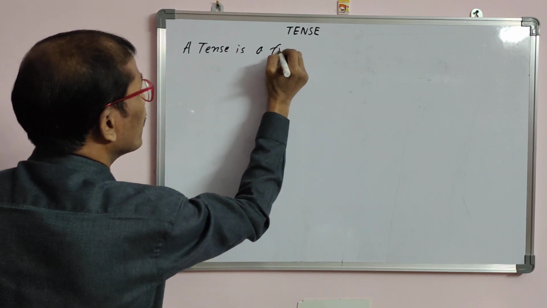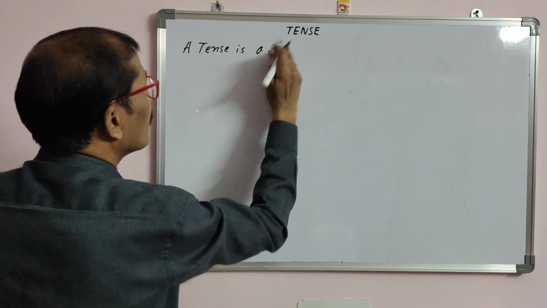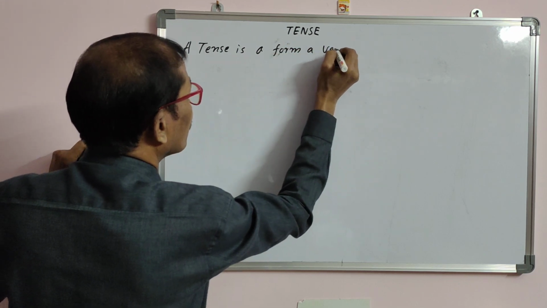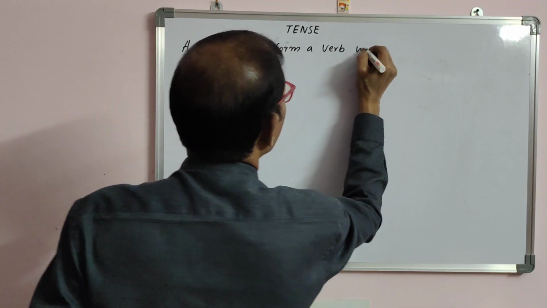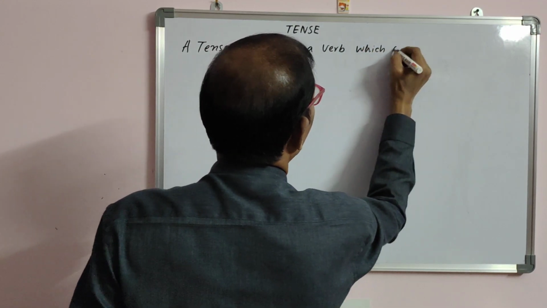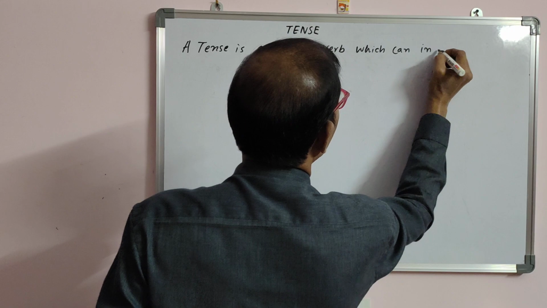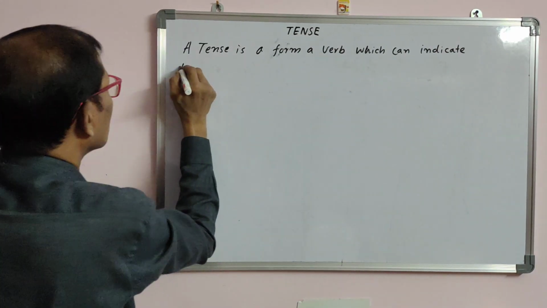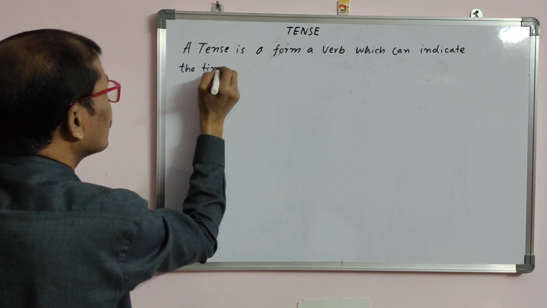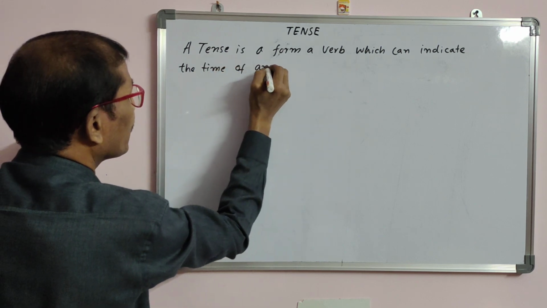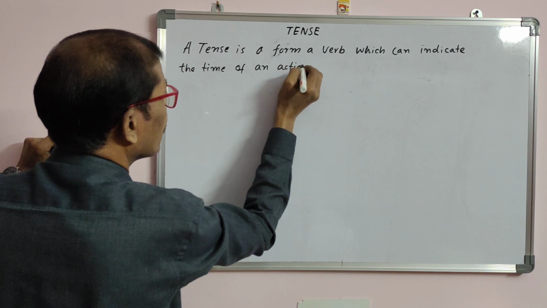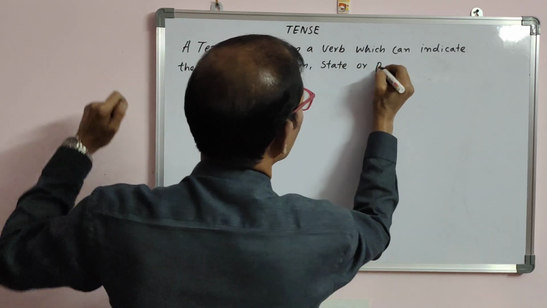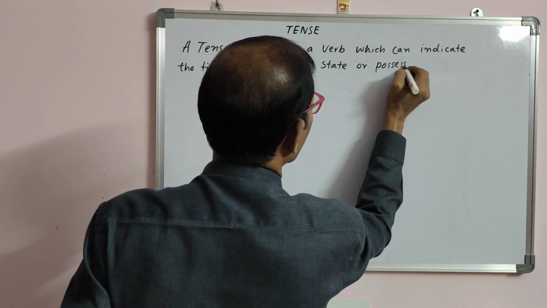A tense is a form of a verb which can indicate the time of an action, status or state, or possession, having something.